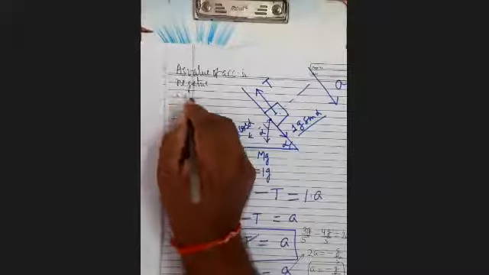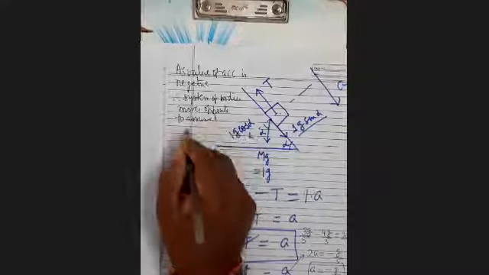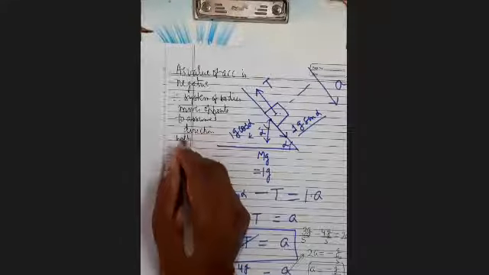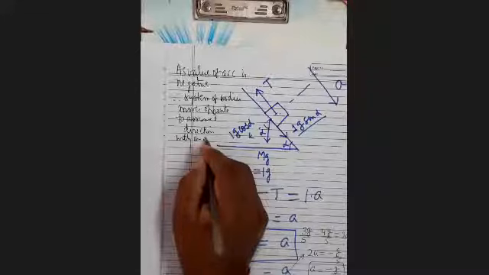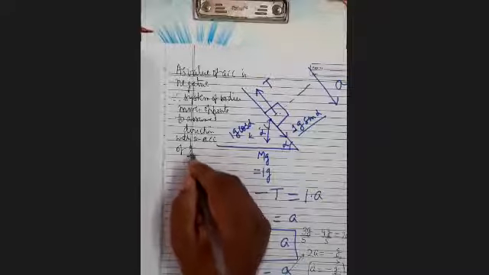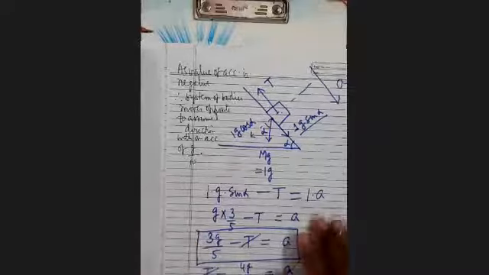Therefore the system of bodies moves opposite to the assumed direction with an acceleration of g by 10. Here the value of g is not given, so we will take only g by 10. So this way we can do this question.